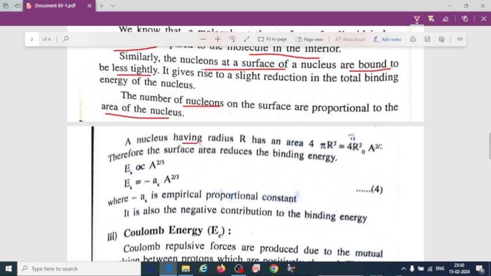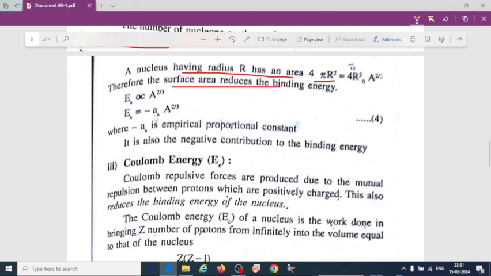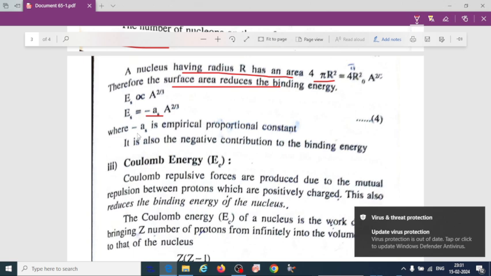A nucleus having radius R has an area of 4πR², that we know. The surface area reduces the binding energy. That's why it is proportional to A to the power 2/3. Here it reduces the binding energy, that's why it is a minus term, and a_S is an empirical constant.